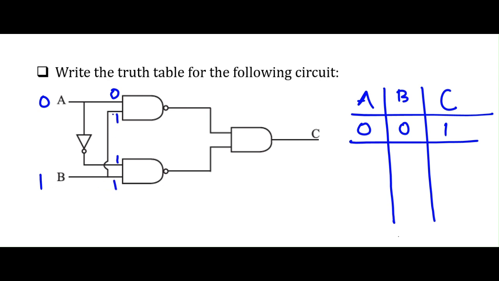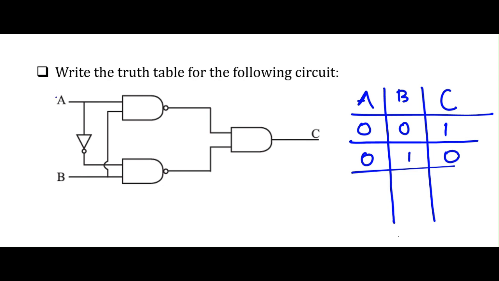So 0, 1 after passing through the NAND gate will result into 1, 1, 1. After passing through the AND gate, it will result into 1. But there is a NOT gate here. So we can write 1 1 resulting 1, and after passing through the NOT gate it will be 0. So here we are getting 1 and 0, and the final result will be 0. So the second combination 0 1 will be 0 only.